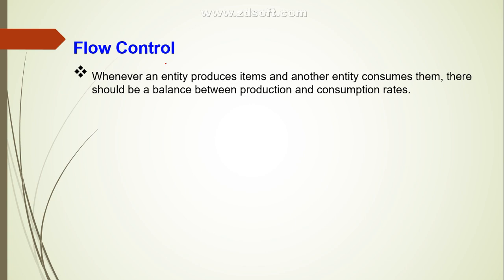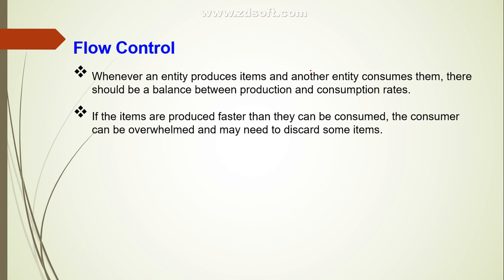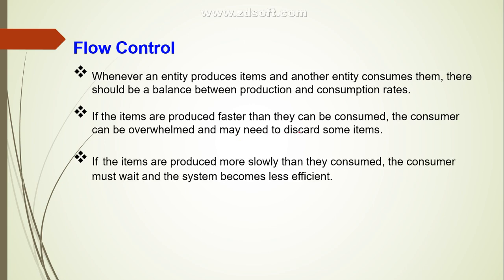Whenever an entity produces items, or you can say data, another entity consumes them. So there should be a balance between the production and the consumption rates, as I already told. If the items are produced faster than they can be consumed, then the consumer can be overwhelmed, and there may be chances of discarding those items.